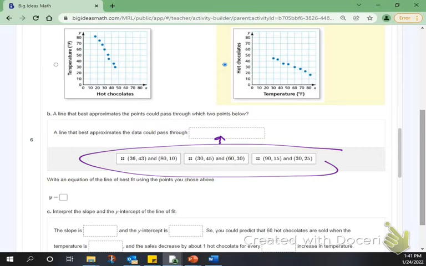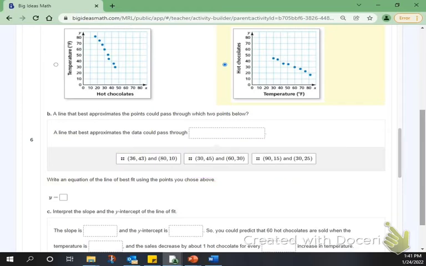I want you to decide which set of points would be most likely or best approximate a pass-through point for the line of fit. Go ahead and choose your answer. Try to at least get your best attempt answered before I show you the correct answer. See if you can pick the correct ordered pair.